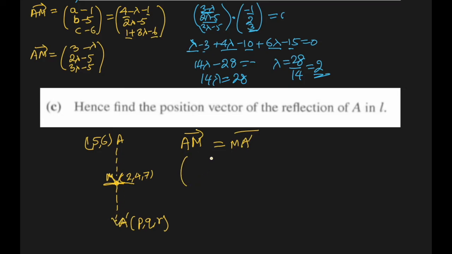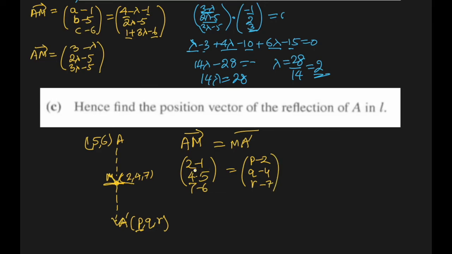So AM will be head minus tail again: 2 minus 1, 4 minus 5, and 7 minus 6, which will be equal to MA prime, where the head is P: P minus 2, Q minus 4, and R minus 7.